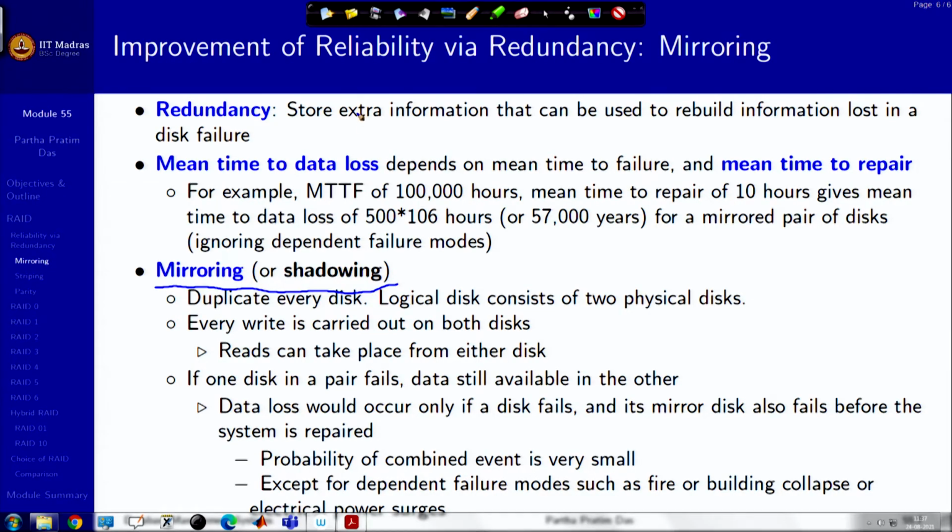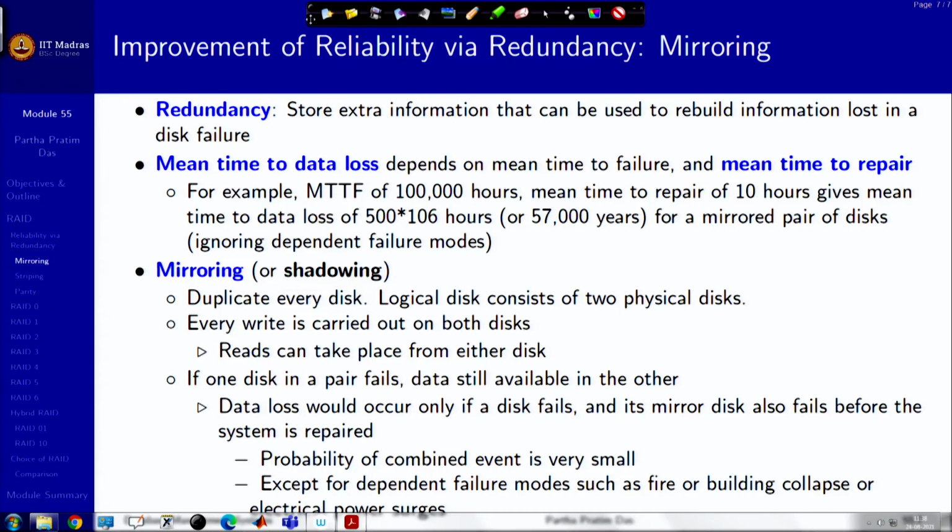So, you store extra information that can be used to rebuild the information that is lost in a disk failure, so that your mean time to data loss, which depends on the mean time to failure, can be less, but your mean time to repair would be very, very fast.